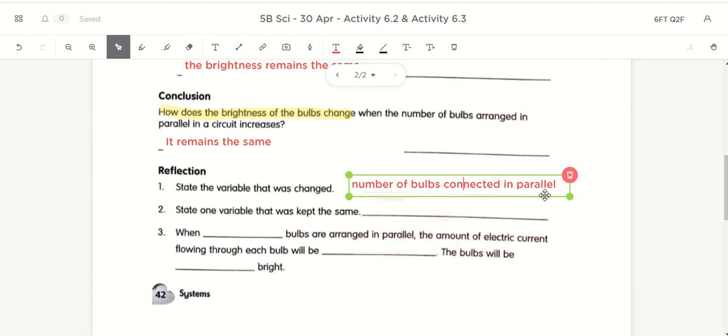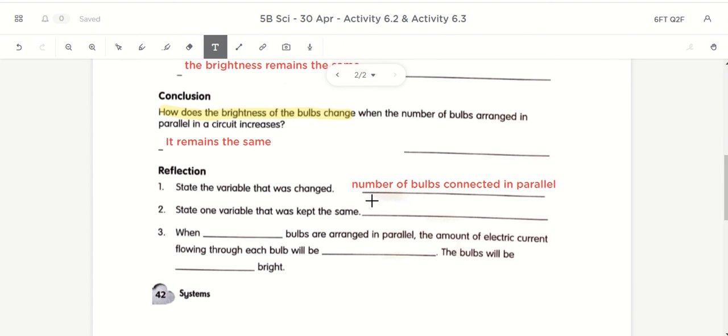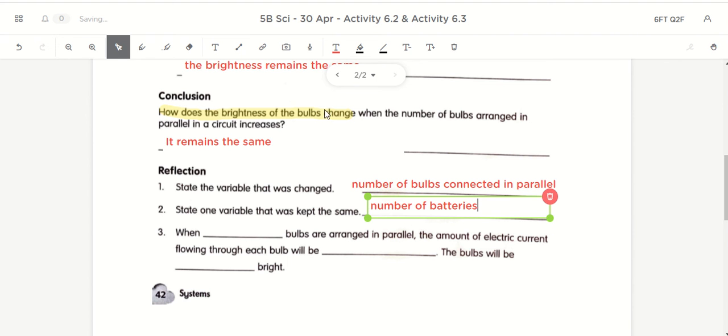And what was kept the same again is the number of batteries. In these two experiments, we keep the number of batteries the same. Okay, so once again, you can write more or less, but let's follow A to C.